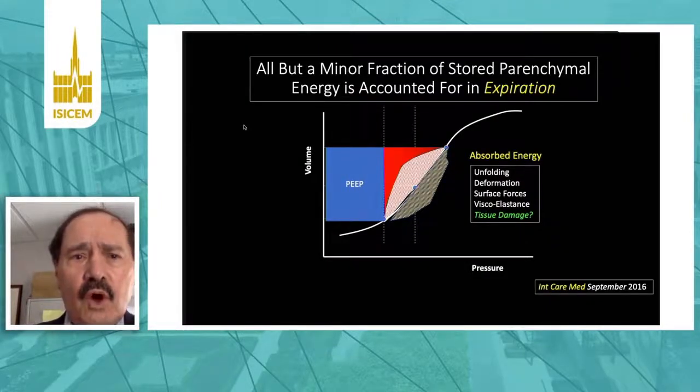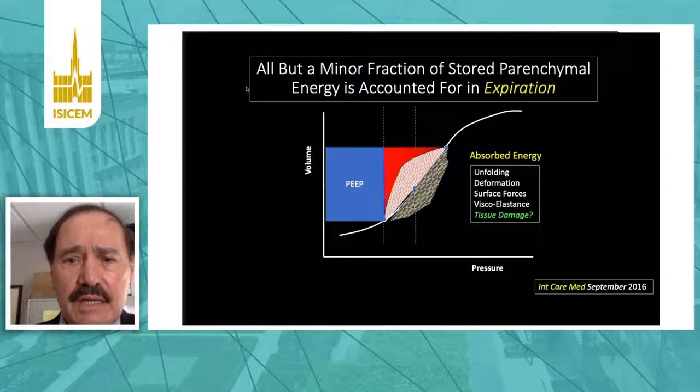Now, all but a minor fraction of the stored parenchymal energy is accounted for in expiration. In other words, we can measure the flow resistive piece in red and the PEEP related piece of energy in blue when we start from a plateau pressure.